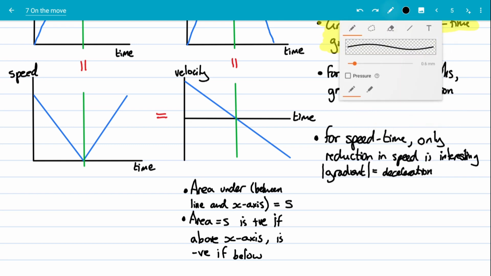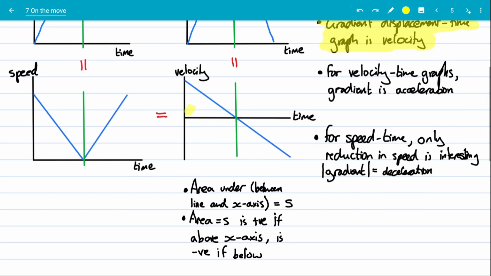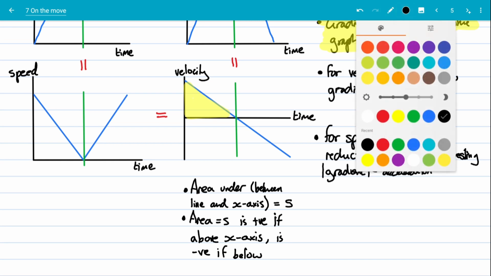So let's actually indicate that that is the maximum height of the ball. Just like this, that area equals maximum height of ball. Let's choose a different color.